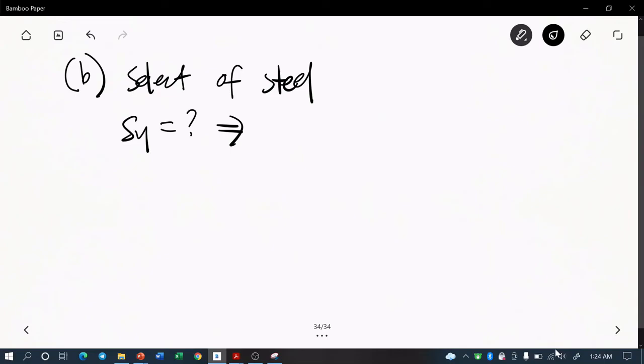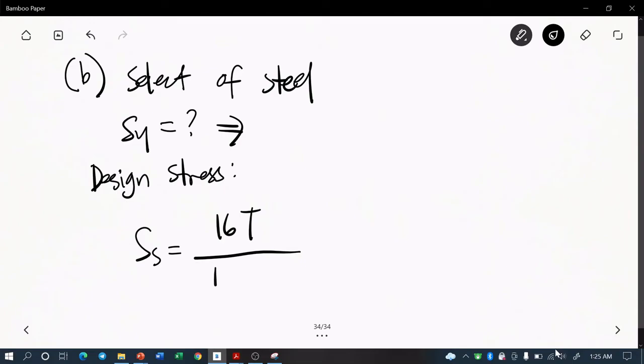So first is the design stress. For a shaft subjected to torsional stress, it is equal to 16T over pi d cube.